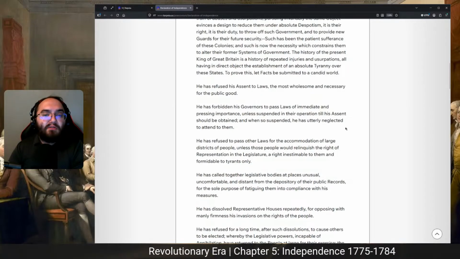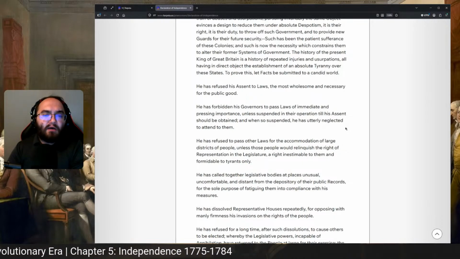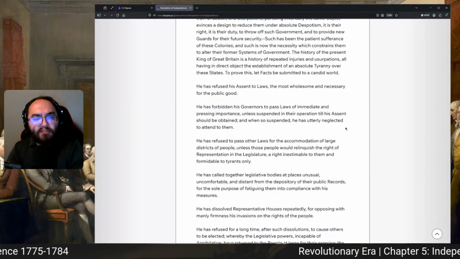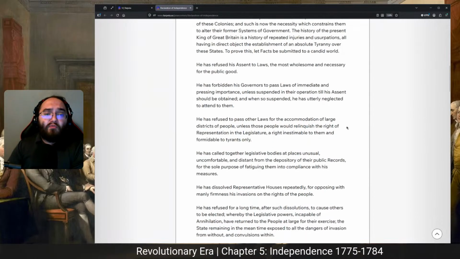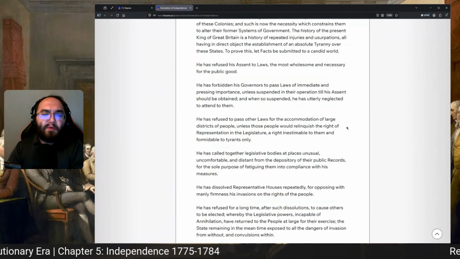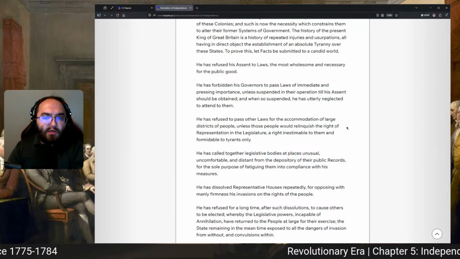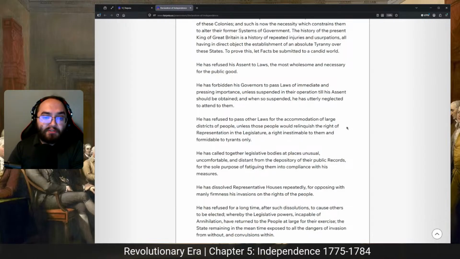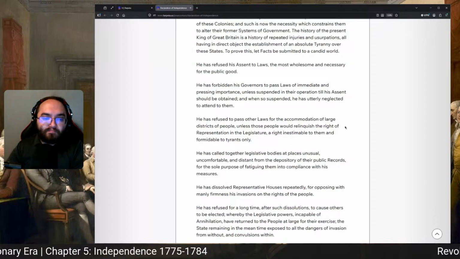Such has been the patient sufferance of these colonies, and such is now the necessity which constrains them to alter their former systems of government. The history of the present King of Great Britain is a history of repeated injuries and usurpations, all having in direct object the establishment of an absolute tyranny over these states. To prove this, let facts be submitted to a candid world.